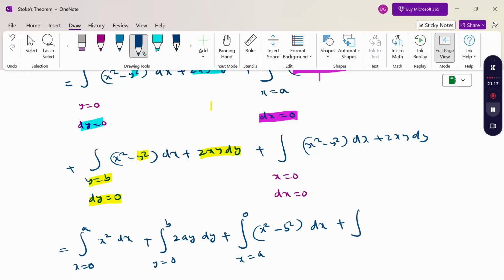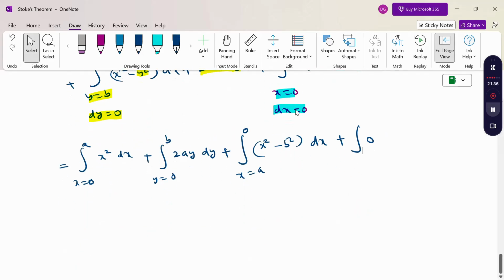Plus next, here dx is 0 and x is 0, so the whole term is 0. This value is 0.